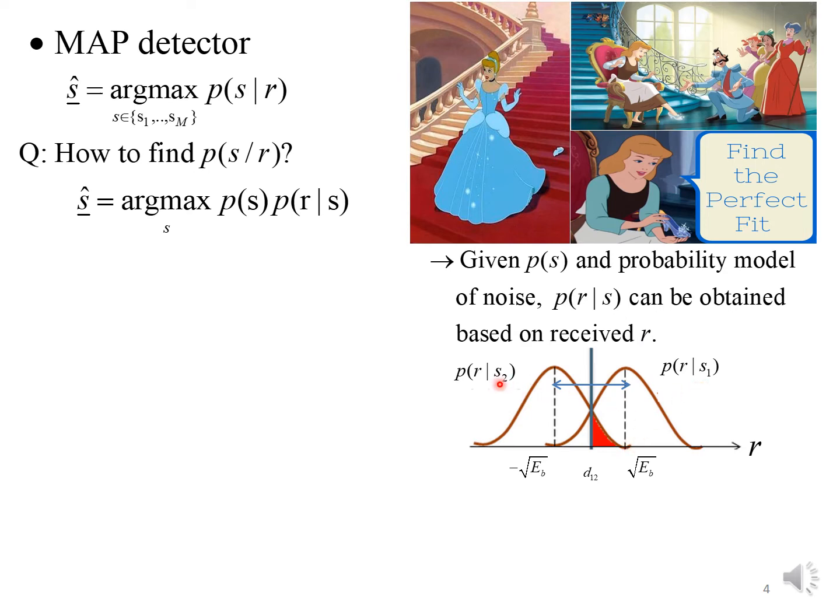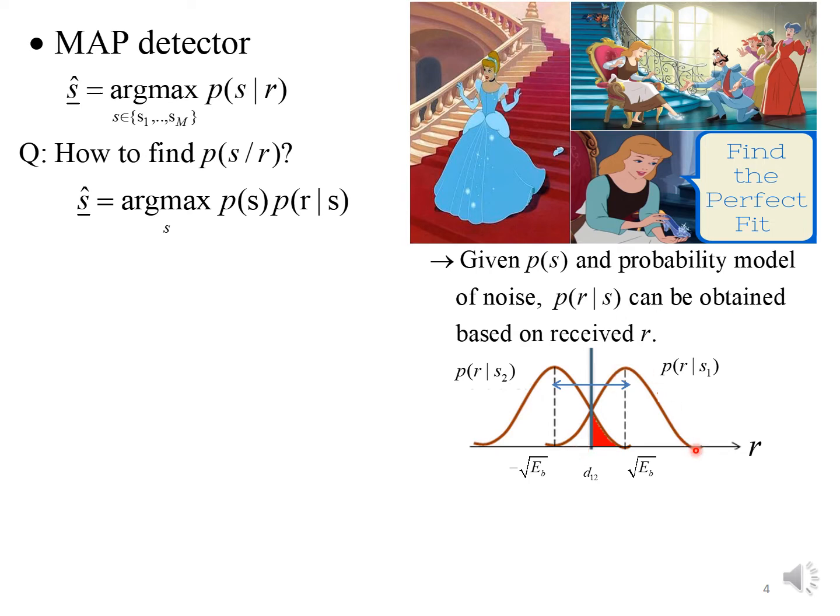If S2 was sent, then the distribution of R would be a Gaussian distribution with mean value at S2.